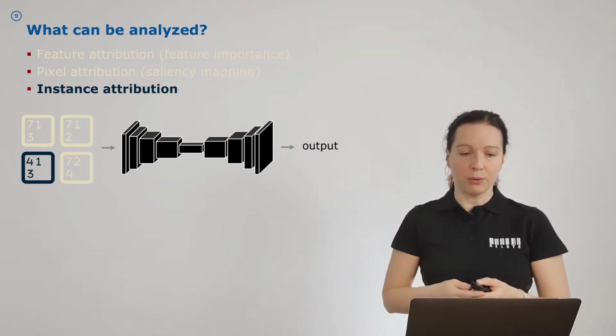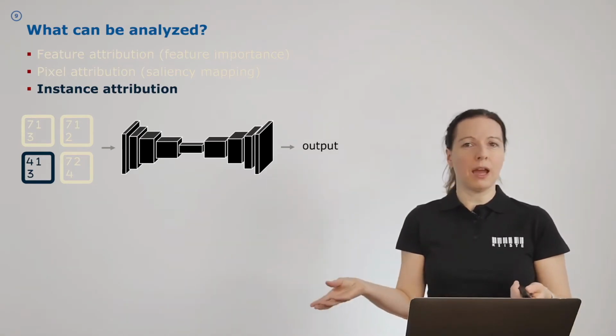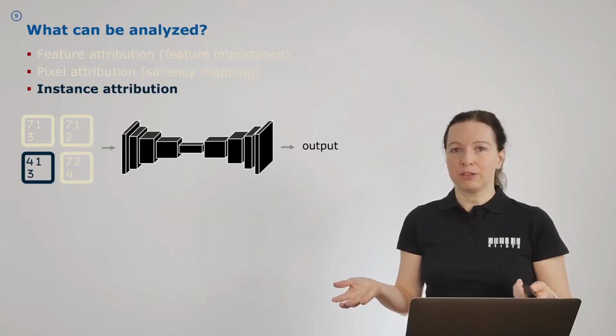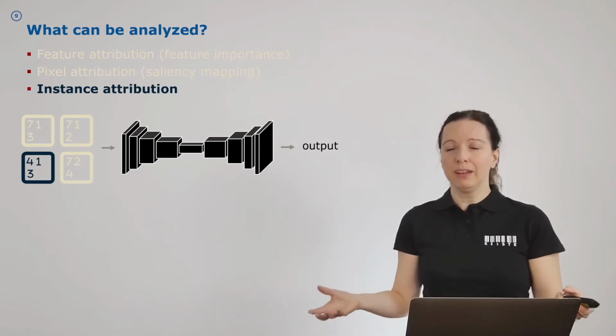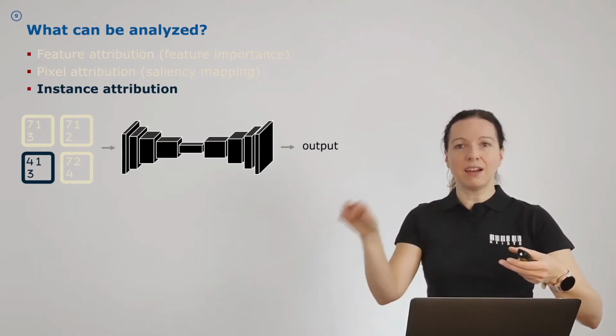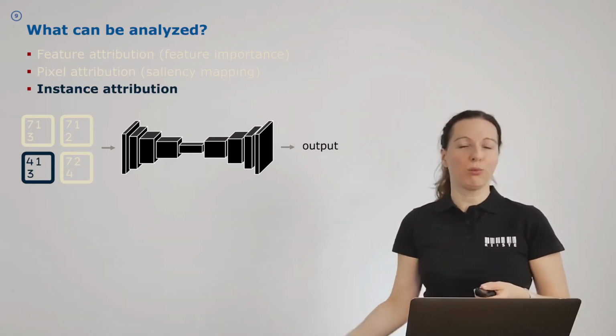Or for example, you could have a look at whether specific instances or specific types of instances are missing. When you know that a certain instance would help you a lot, you could, based on these insights, select further instances that could help you to improve your model further.